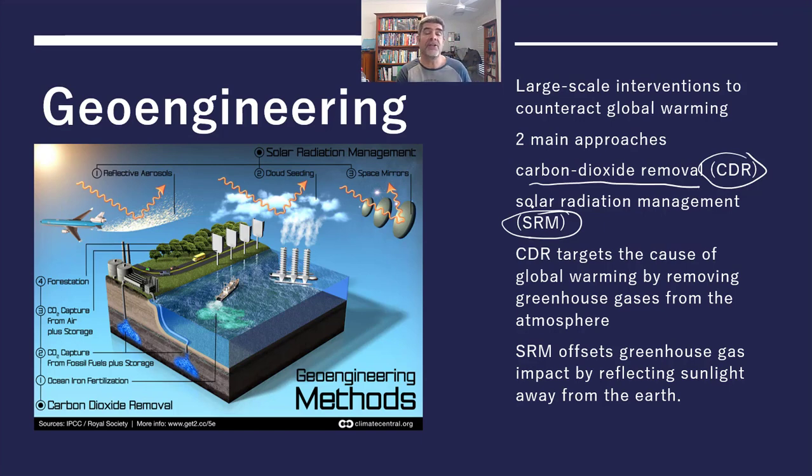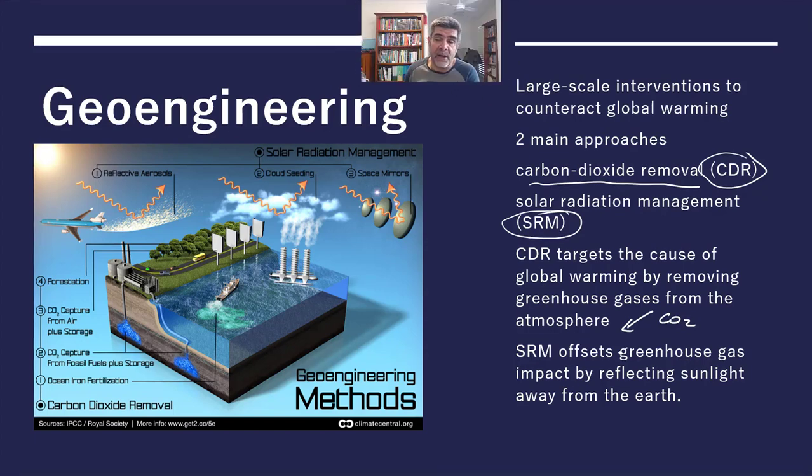So what sort of strategies can we use in order to try and counter some of these building carbon dioxide levels in our atmosphere? When we're talking about carbon dioxide removal, we're talking about targeting the cause of global warming by removing greenhouse gases from the atmosphere. So this is trying to get rid of CO2 and other greenhouse gases out of the atmosphere.